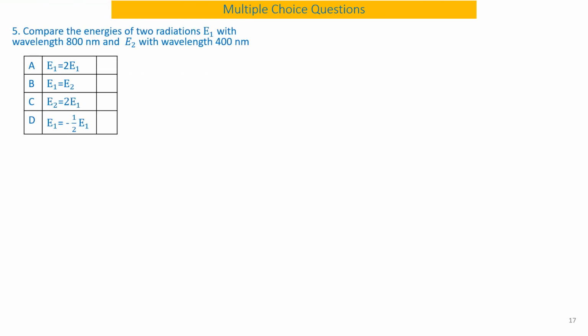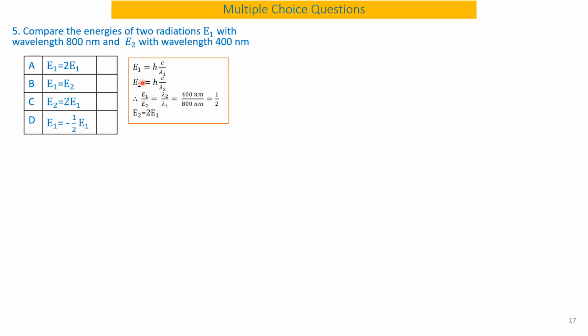Next question. Compare the energies of two radiations, E1 with wavelength 800 nanometers and E2 with wavelength 400 nanometers. You have to identify the relationship between E1 and E2. Four options are given. You please read it and let us make the calculation.